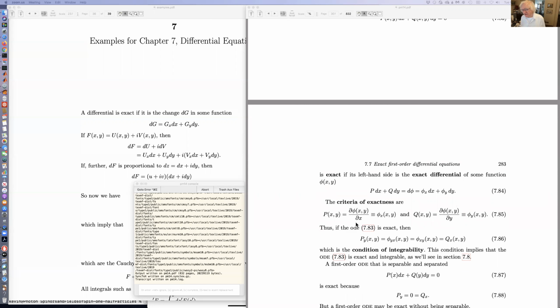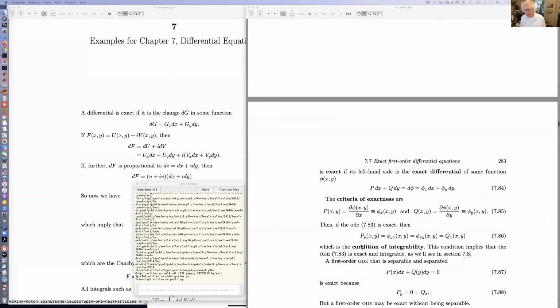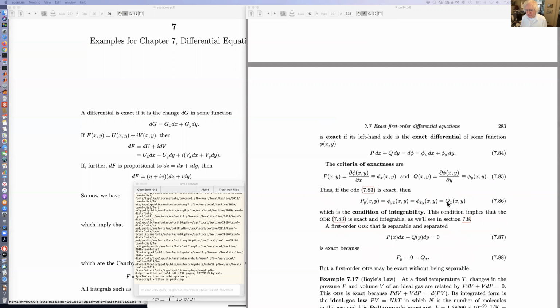Since phi is a function of x and y, the y derivative of p is the yx derivative of phi, which is also the xy derivative of phi, which is the x derivative of q, q being the y derivative of phi. This is called the condition of integrability, and it implies that the ODE is exact and integrable, and we'll see an example later.